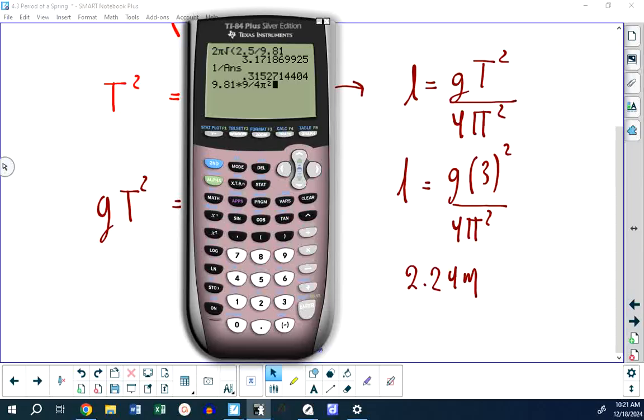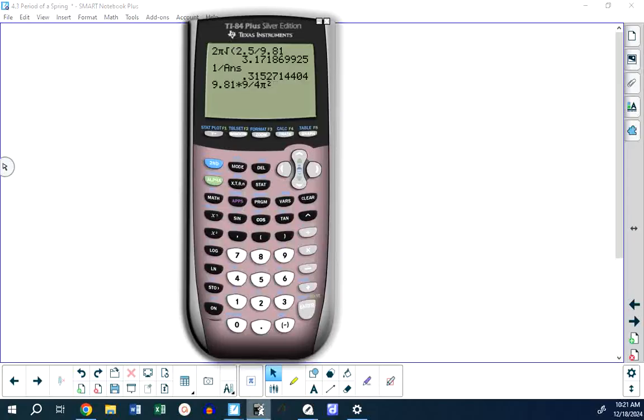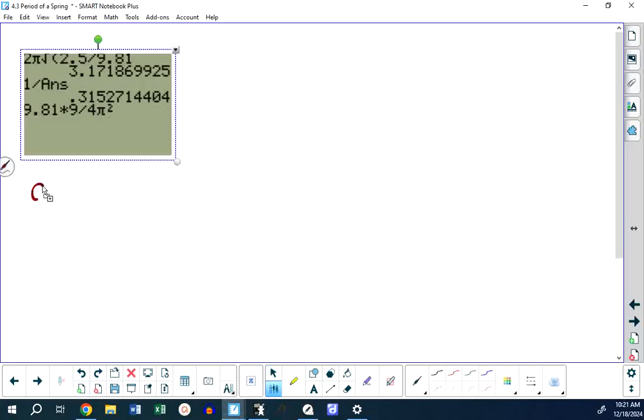So what this means is the calculator is going to take 9.81, multiply by 9, divide by 4, and then there's a multiplication sign in here, so it's going to multiply by pi squared.